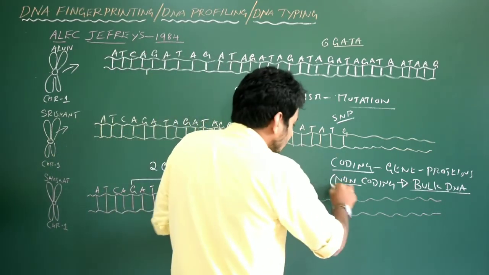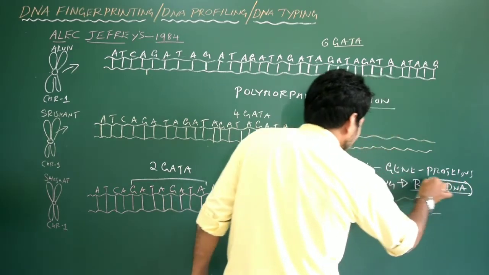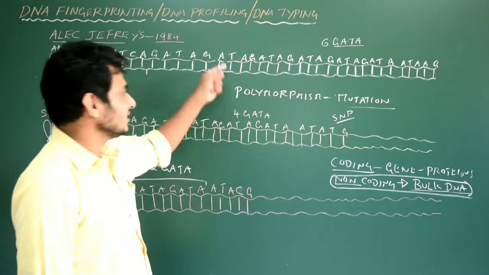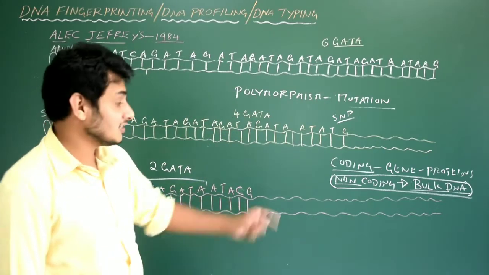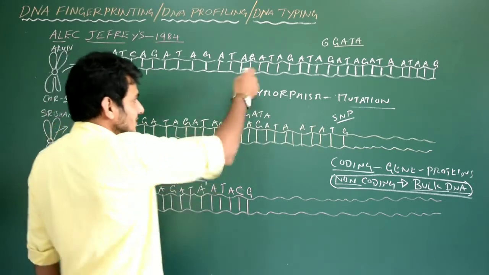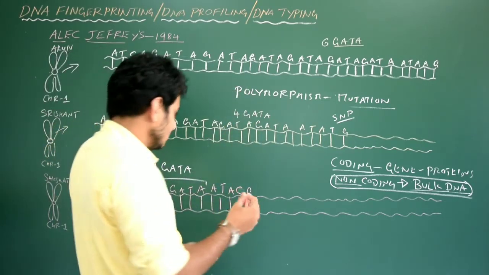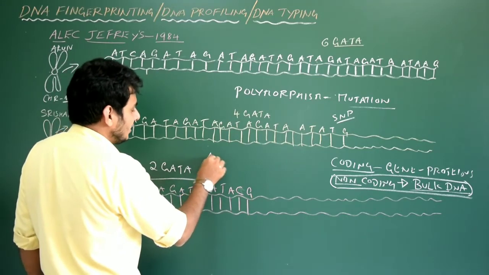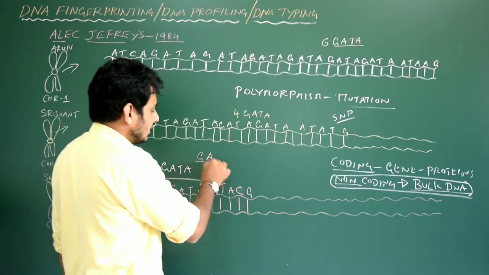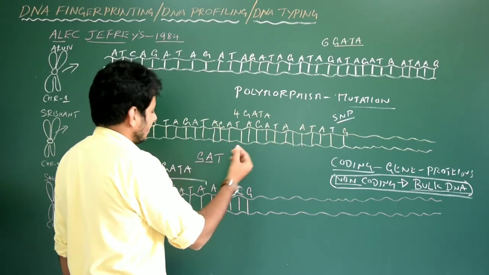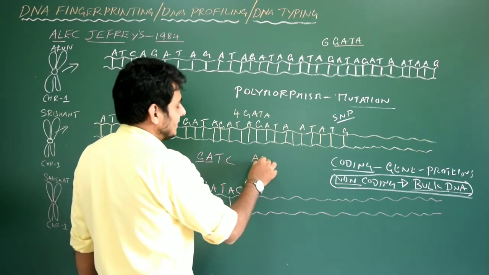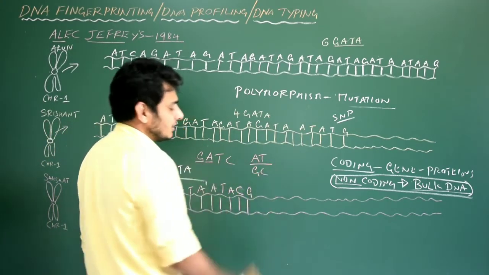Now, the main important thing for DNA fingerprinting is the bulk DNA. That means GATA is nothing but bulk DNA, the non-coding region of the DNA. Got it? So this is very important. If anybody contains repeats that are rich in guanine, or rich in adenine, or thymine, or cytosine, normally we say AT rich regions or GC rich regions.